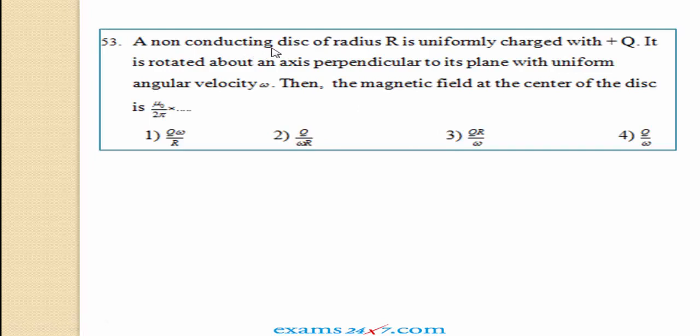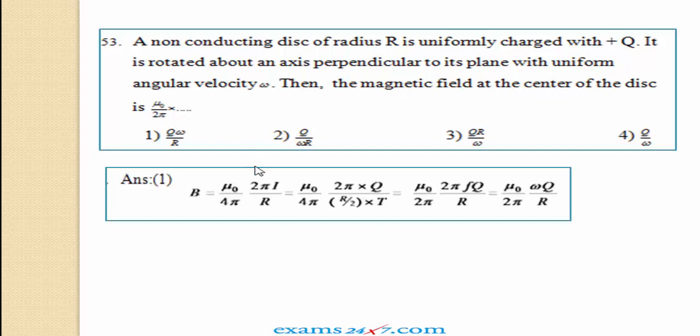Question number 53. A non-conducting disk of radius r is uniformly charged with plus q. It is rotated about an axis perpendicular to its plane with uniform angular velocity omega. Then the magnetic field at the center of the disk is mu 0 by 2 pi times. Look at the four options.